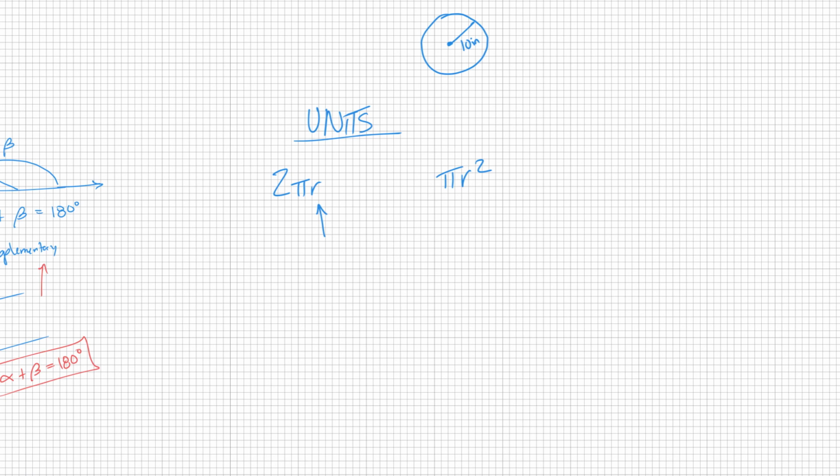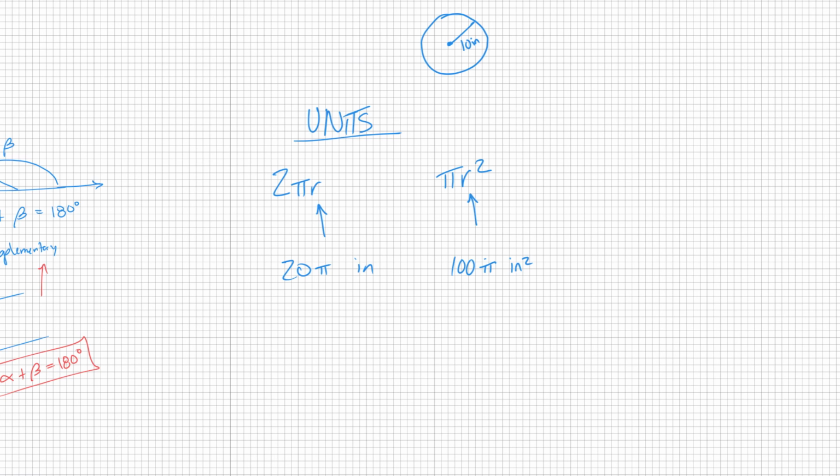I'll plug it into both formulas and see what comes out. In this formula, I get 2 pi times 10 inches, so I get 20 pi inches. If I plug it into this one, I get 10 inches squared, that's 100 inches squared, times pi, so I get 100 pi inches squared.